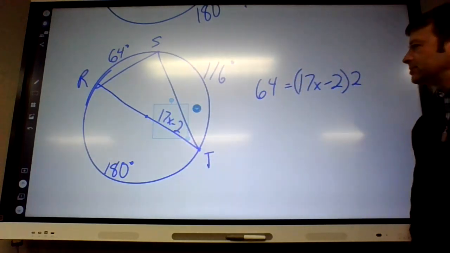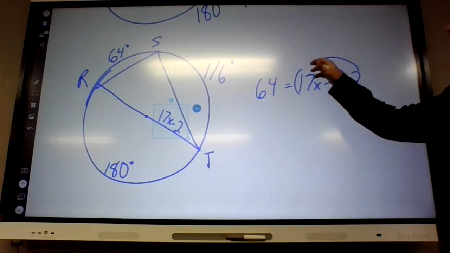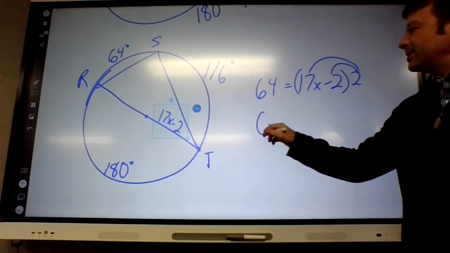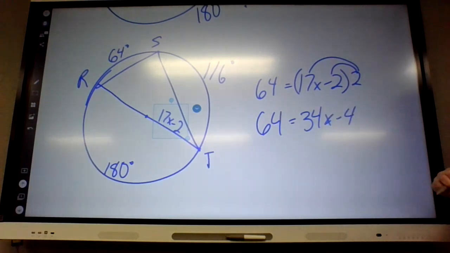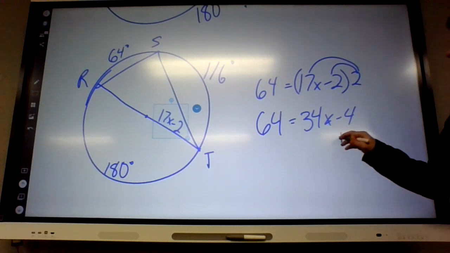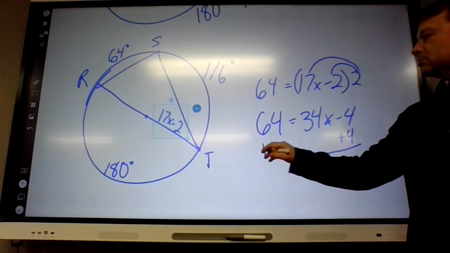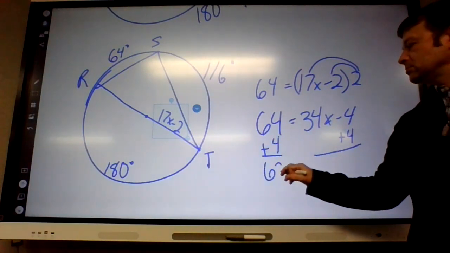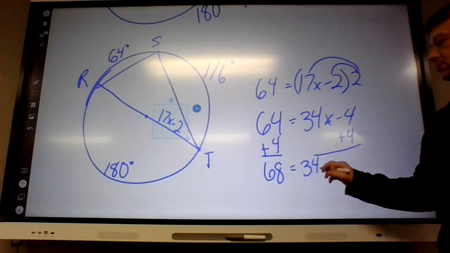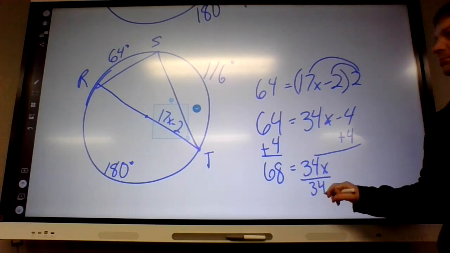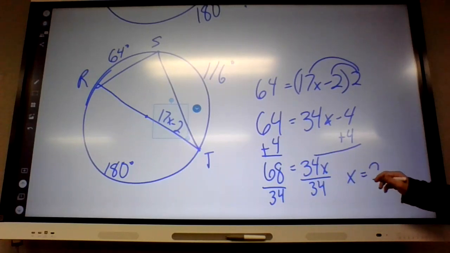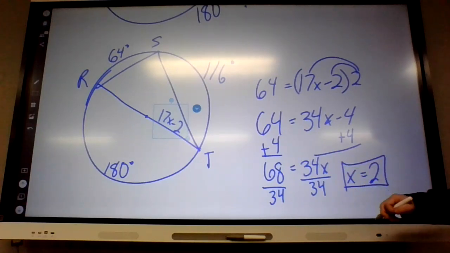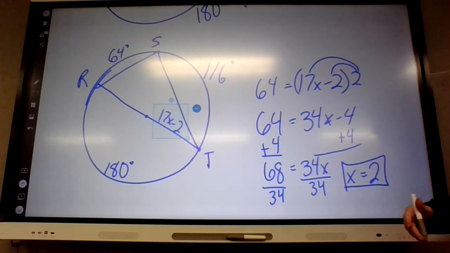It should both work either way. That's all they wanted was X on this one, right?